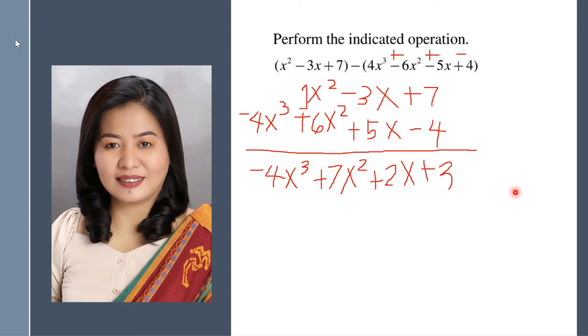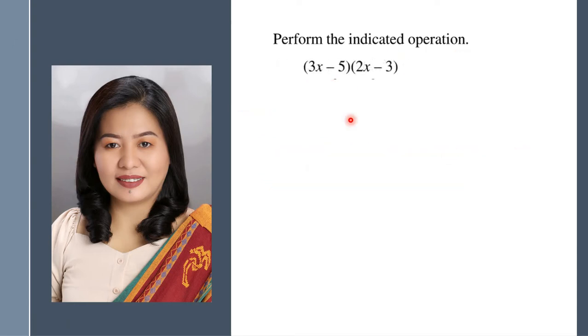Now we move to our next. Here we perform the indicated operation: 3x minus 5 times 2x minus 3. So it will help us if we are going to distribute.